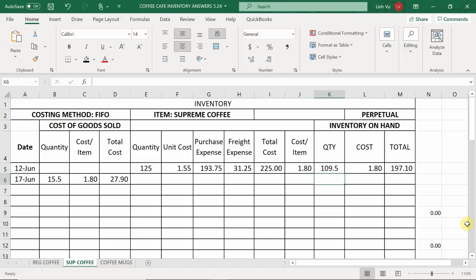You take your 225 minus the $27.90, you should get 197.10.